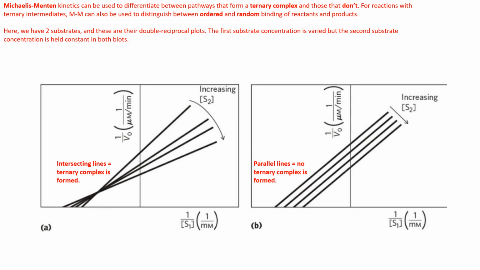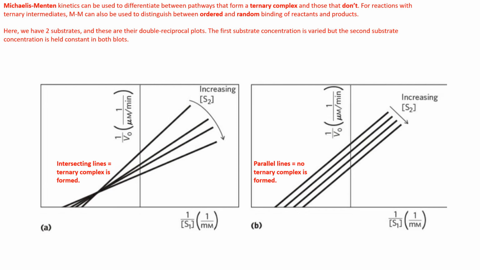Michaelis-Menten kinetics can be used to differentiate between pathways that form a ternary complex and those that don't. For reactions with ternary intermediates, Michaelis-Menten can also be used to distinguish between ordered and random binding of reactants and products. Here we have two substrates, and these are their double reciprocal plots.